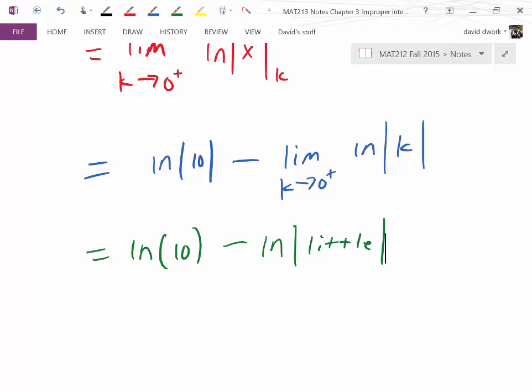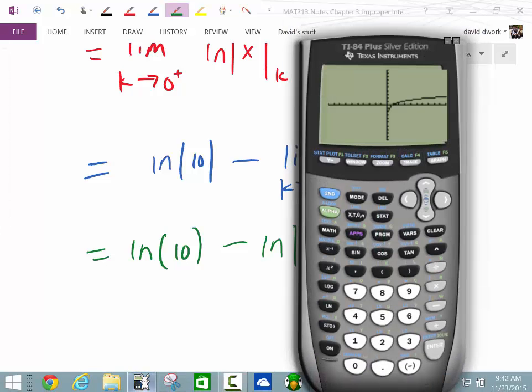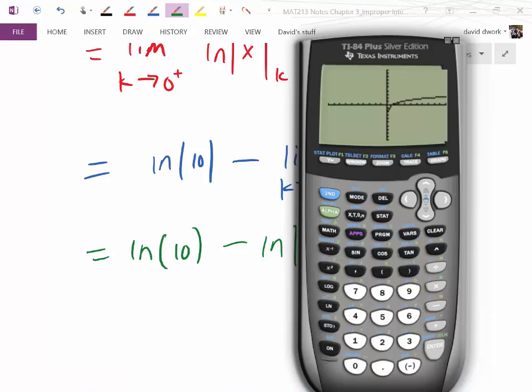And we need to remember what that means for natural logs. When you look at your natural log graph, a little positive number results in, you should remember this from your previous algebra course, the graph going negative and down. There's a vertical asymptote here at 0, so it's just going towards negative infinity.